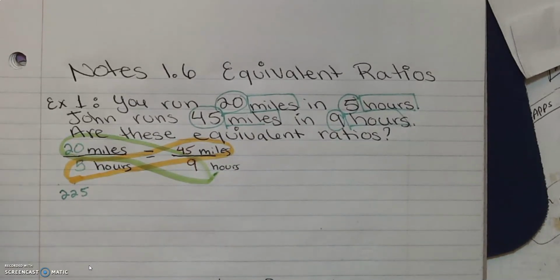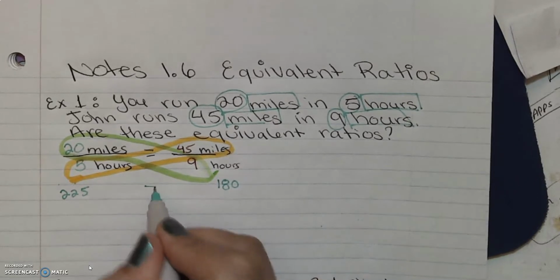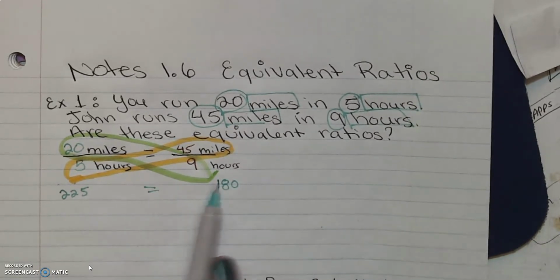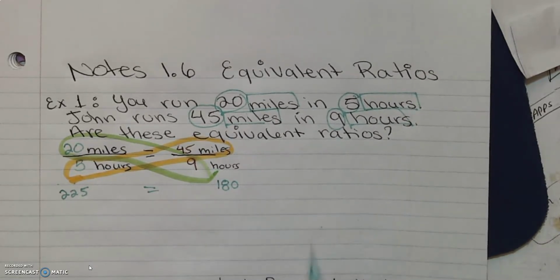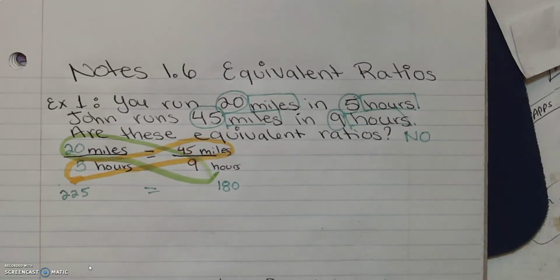So what is 20 times 9? That's going to give you 180. Now, are these equivalent? Are they equal? No. So our answer would be no. They are not equal.